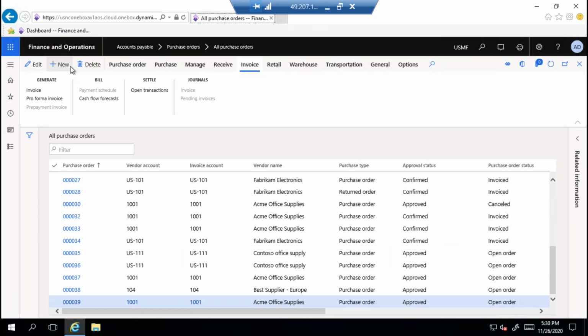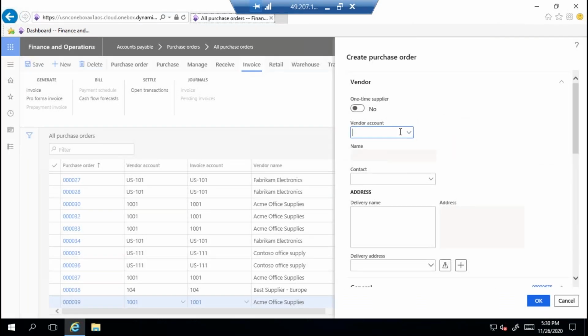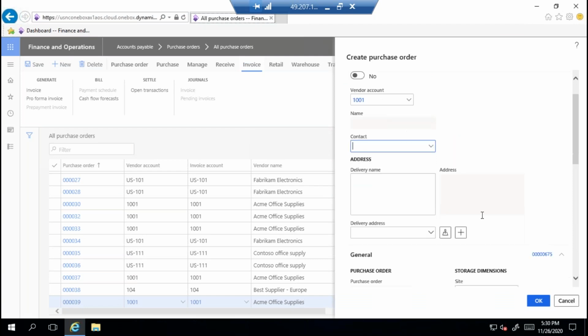So I'm clicking new, selecting the vendor and clicking OK. Any vendor is fine, no issues.